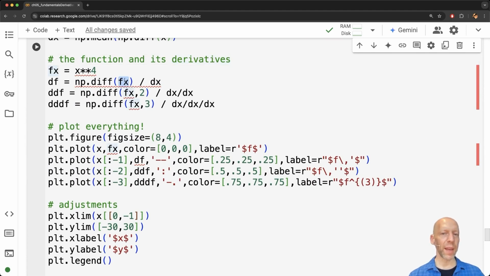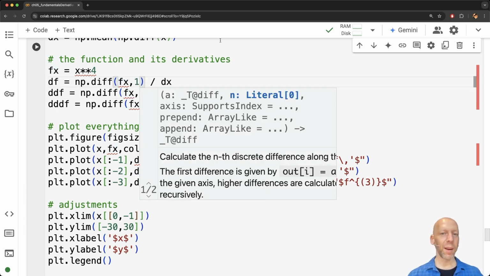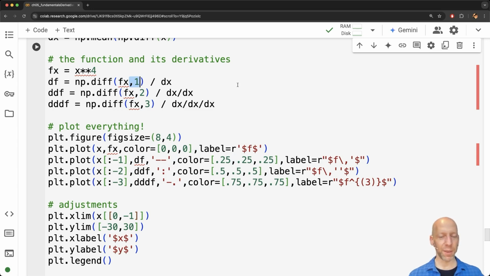So now I'm calling fx each time I'm calculating the higher order derivatives instead of inputting, for example, df here. Okay, and then I have the optional second input here. The default is 1, so you could write numpy.diff fx comma 1. That's the default behavior. Okay, here's the only tricky part of this exercise.